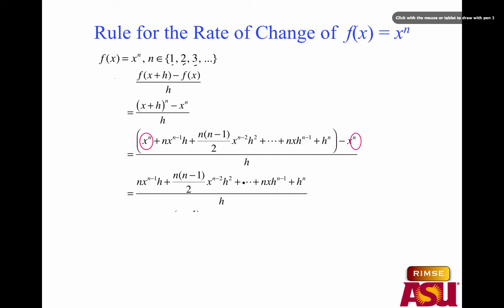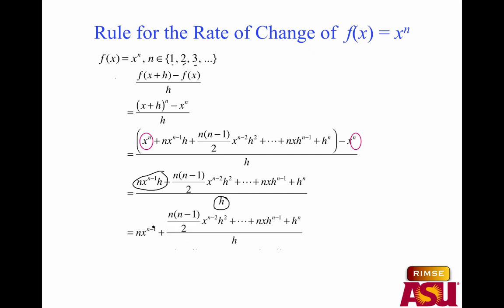But notice that all of this junk has an h in it. So I can focus on this first term divided by h, and notice that the h's reduce. So I get just n times x to the n minus 1, and then I kept the rest of this stuff as a fraction, or quotient.